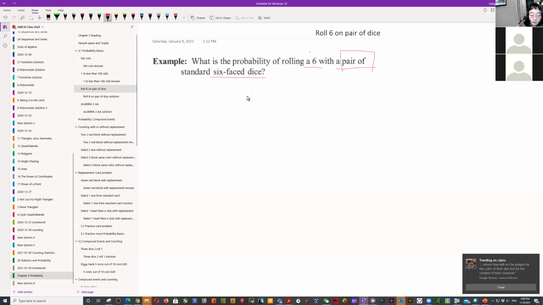If we write out the sample space explicitly, it's going to be like 1 and 1. It's an ordered sequence, and then 1 and 2, then 1 all the way to 6. Then 2 and 1. 2 and 1 is different from 1 and 2.